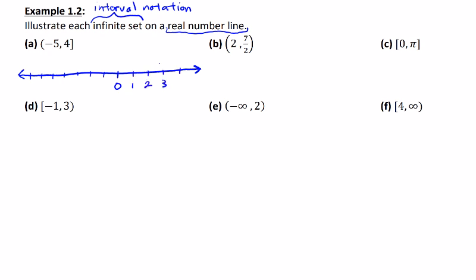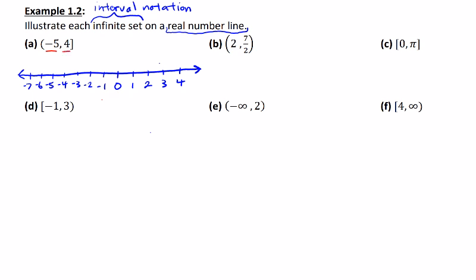To the right, we always put our positive values. To the left, we'll put in our negative. So it looks something like this. Of course, we can't represent the entire number line. We just represent an excerpt of the number line that will be large enough for us to represent the set that's in question. So our set here, again, starts at -5 on the left and +4 on the right.